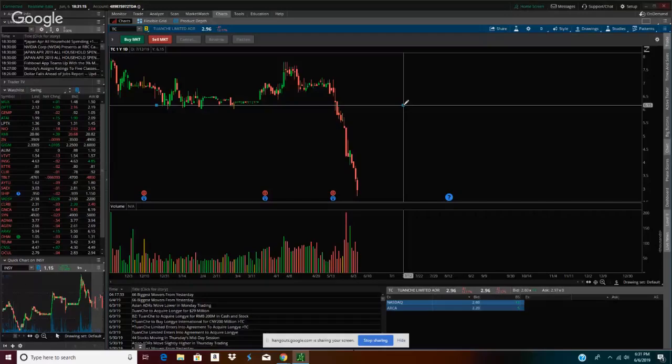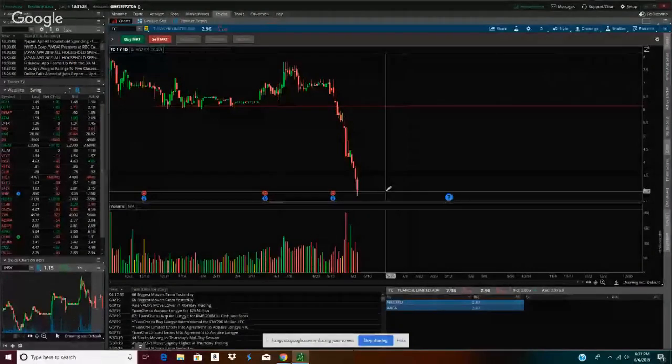So we know that's where resistance is at the very least. It tried to put in a green day, it tried to bounce and put in a green day here.